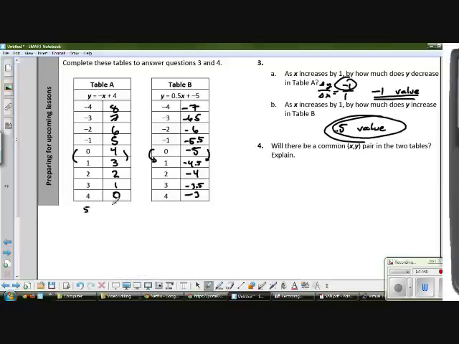Working these as well, we'll see 5, negative 2.5, 6, negative 2, 7, negative 1.5, 8 will be negative 1. So if we're looking side by side, I don't think I see any values that occur the same.